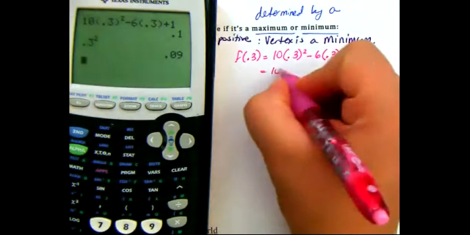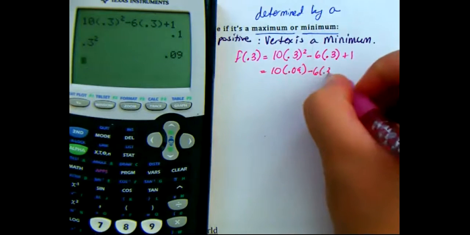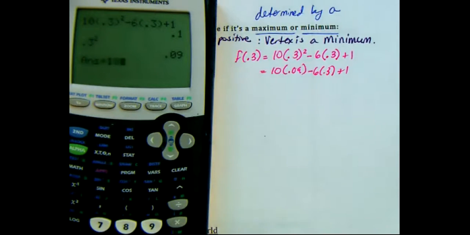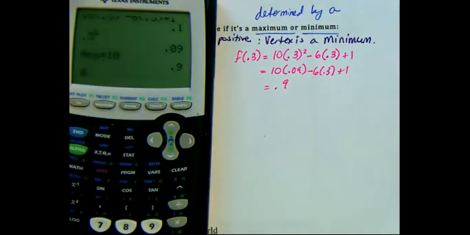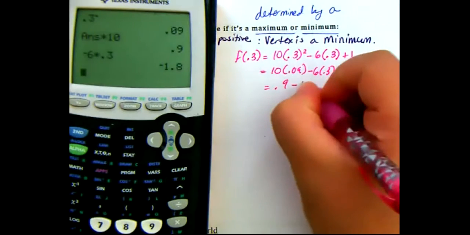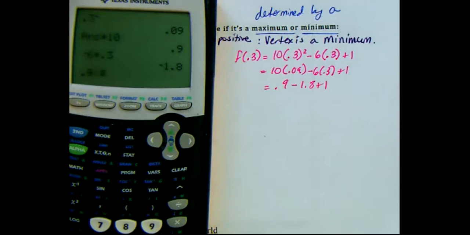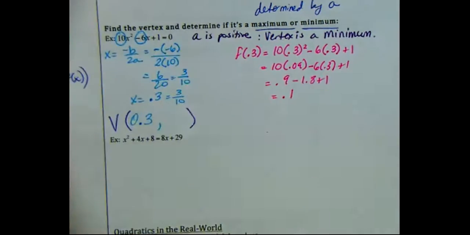So this would become 10 times 0.09 minus 6 times 0.3 plus 1. Times that by 10, you get 0.9 there. You get negative 6 times 0.3, which is negative 1.8, plus 1. Then 0.9 minus 1.8 plus 1, and you're still going to get the same answer, 0.1.